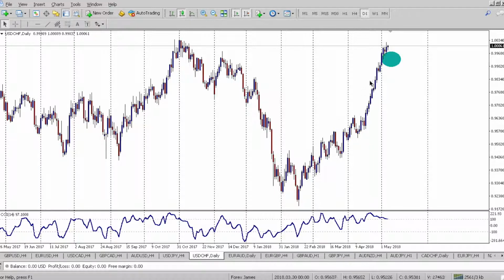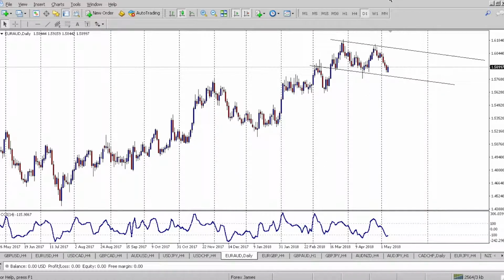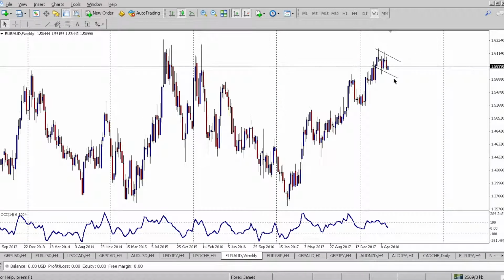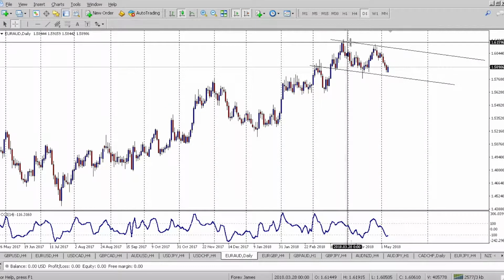It's as simple as that, really. Choosing a direction. Okay, Euro Aussie. Price seems to be moving in this channel.